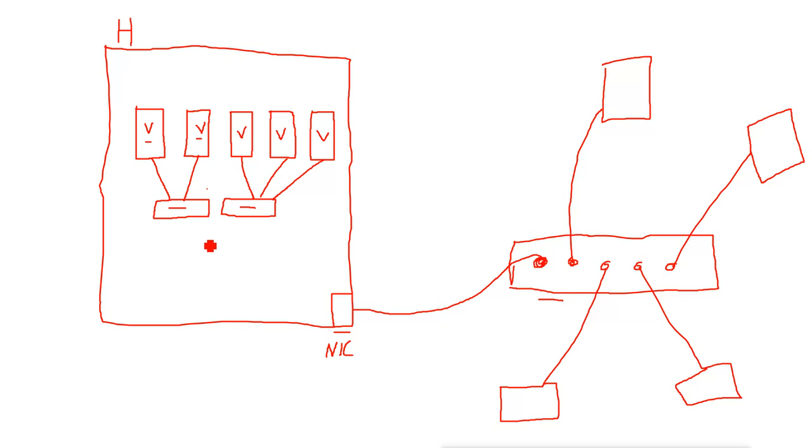Now when we try to create this virtual switch, we have those three options: first external, then internal, then private. With external, the virtual switch which we create as external will be connected to the physical adapter of the real host.